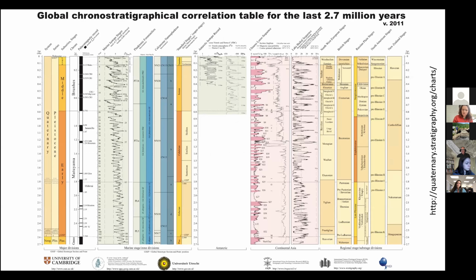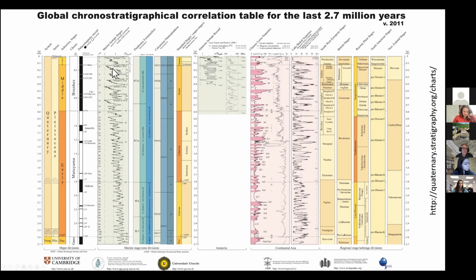But this is the Quaternary. The vertical axis is time going back to 2.7 million years ago. And then across here is all the different things that we know and can measure across the Quaternary, and so kind of how things have changed. The most common thing is to look at the marine isotope stages here in this third column.